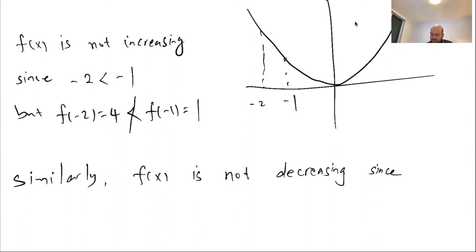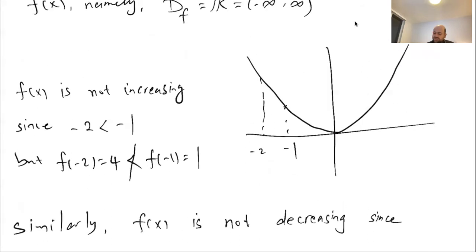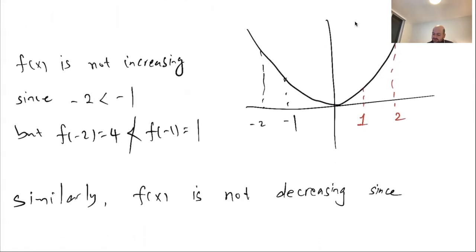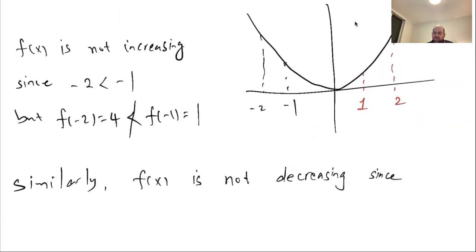since, now what pair can I consider as a counterexample to show f is not decreasing? Well, I could show, for example, 1 and 2 here. So 1 is less than 2, but f of 1 is less than f of 2.